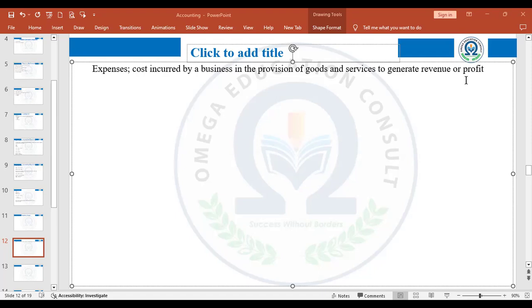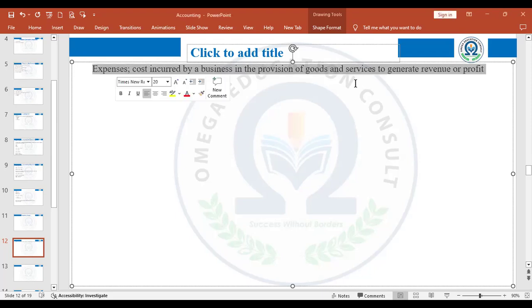So we have salaries, we have rent, we have insurance, advertising, delivery expenses or travel and transportation. In fact, we have a lot of expenses, but we can categorize them into the following. Okay. So the first categorization I would give would be administrative expenses.